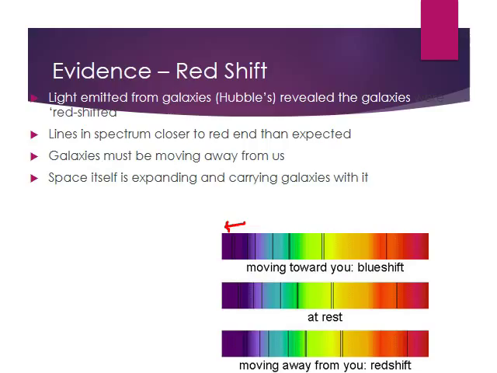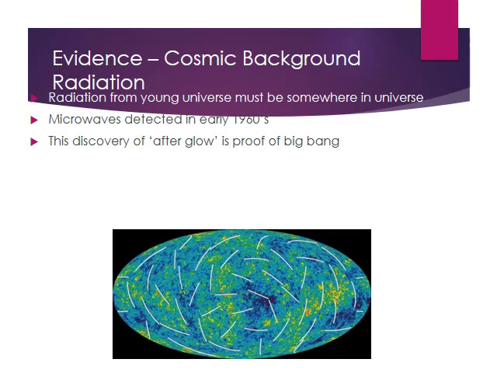If a galaxy is at rest, it's neither moving towards you or away from you, we will get a set of spectral lines that look like this one here, the second one. And if it's moving away from you, we're going to get our lines shifted towards this end, the red end of the spectrum. And we can quite clearly see the difference between this top one and the bottom one, denoting the direction that galaxies are travelling.